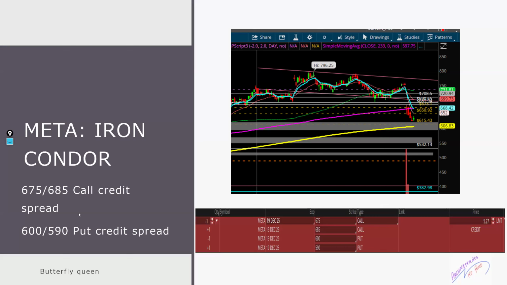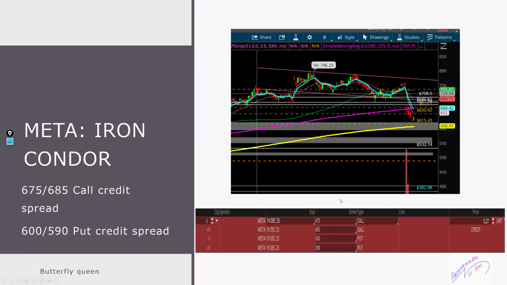You get it? So over here, doing this trade now, as long as by December, which is in 40 days, it doesn't breach these two levels, it cannot go above 675 and it cannot go below 600, I can keep this entire credit.